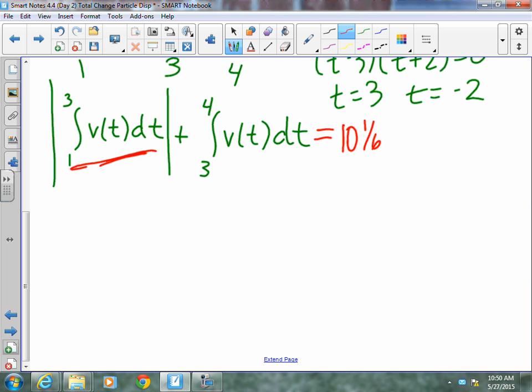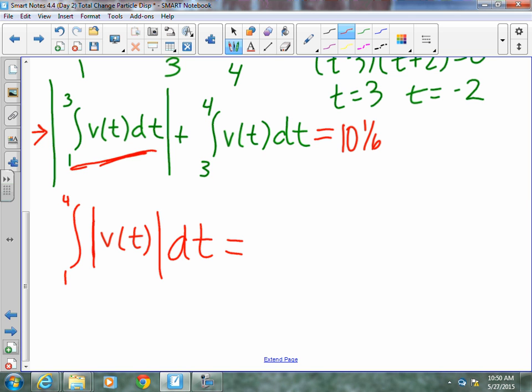On a calculator, you could do the integral from 1 to 4 if you have a calculator. If it's not a calculator portion, this option 1 is our only choice. But you could put absolute values around your v of t in the integral, and that would also give us the total distance traveled.